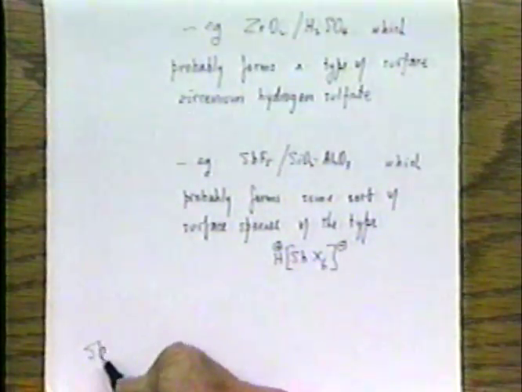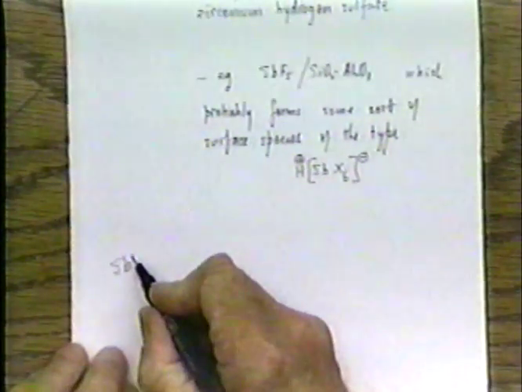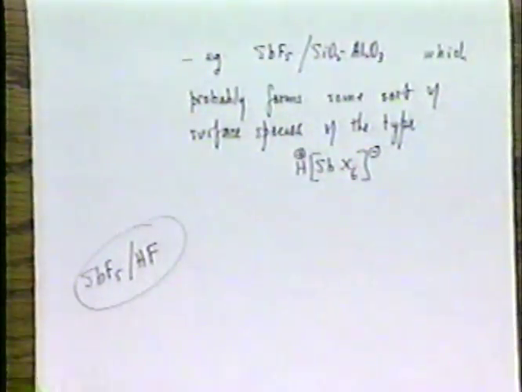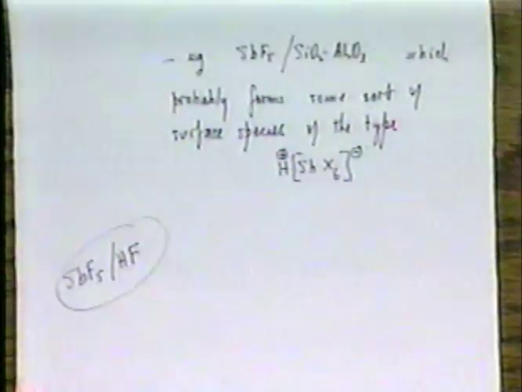The actual structure is unknown. Or, as another example, SbF5, which of course is known, if I might just scribble down here, SbF5 is known to form an extremely strong acid if it's in contact with hydrogen fluoride. This amounts to H+ SbF6- as being the acidic material, and that's been used in solution, particularly by Olah, for many years.